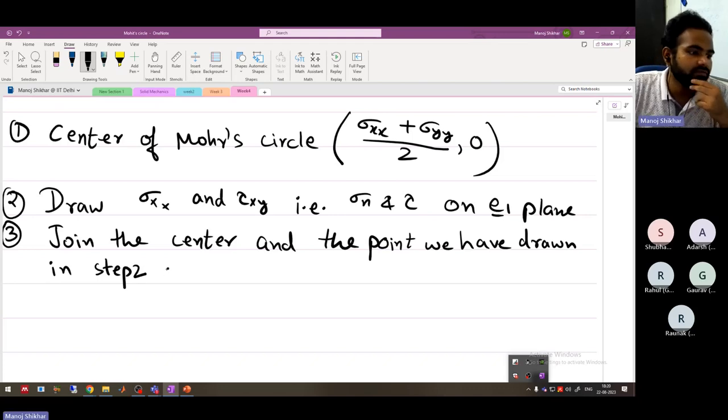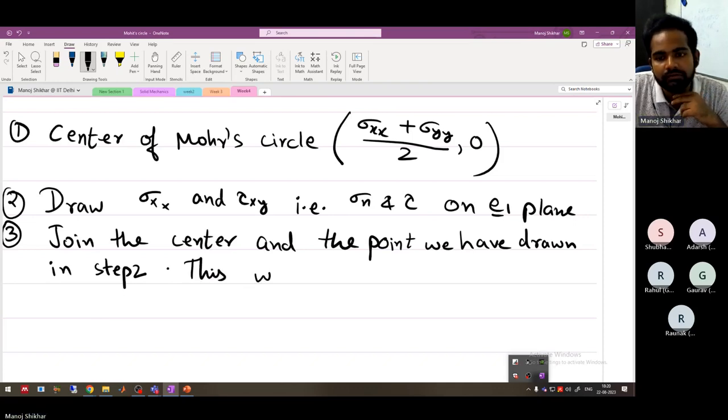What this will give? This will give us the radius.